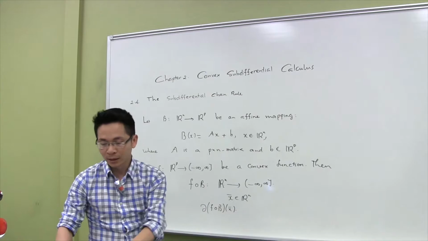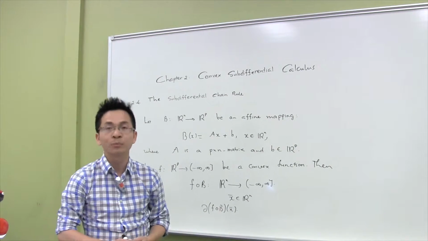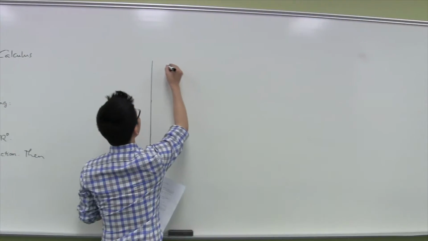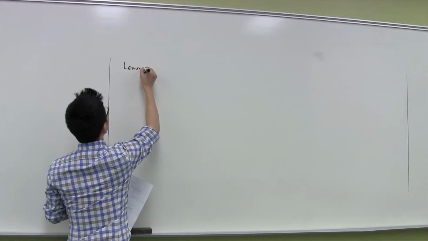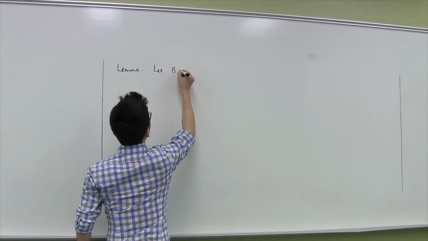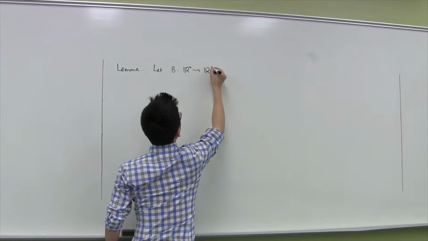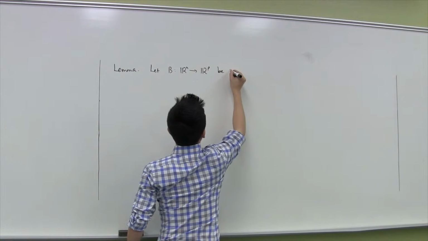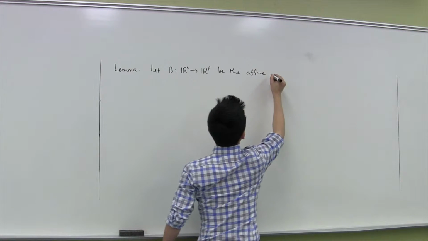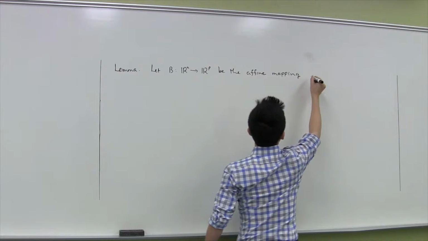A. Let me start with a very useful lemma that is used in the proof of the main result. This is the lemma. Let B from Rn to Rp be the R-phi mapping defined earlier.